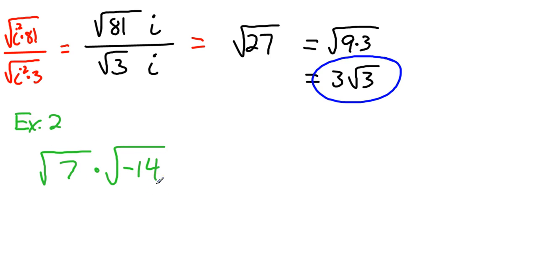Okay, so let's do square root of 7 times the square root of negative 14. All right, and again, before we do anything else, take out the negative and put that as an I term on the outside.